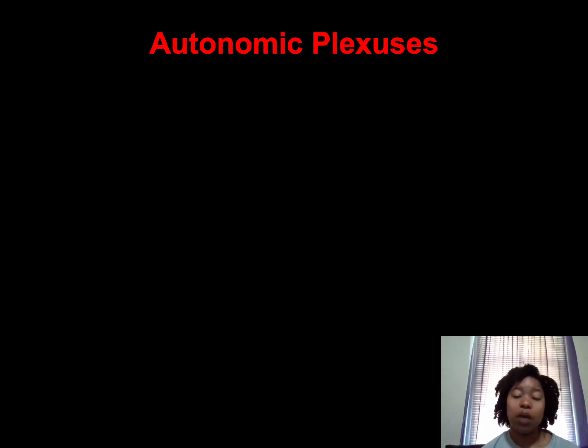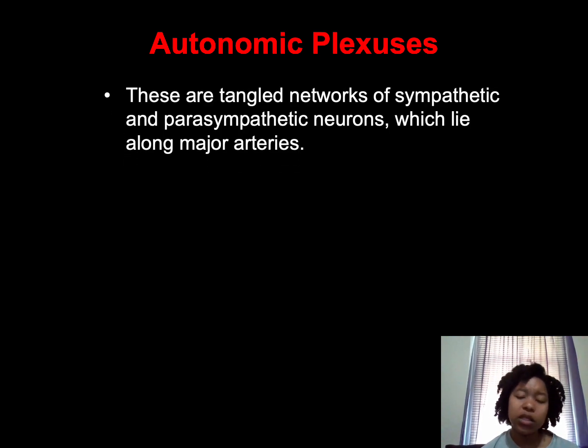As far as autonomic plexuses go, these are tangled networks of sympathetic and parasympathetic neurons. They lie along major arteries, because for dual innervation, there will be some stimuli that make the sympathetic innervation occur and others that cause a parasympathetic response. So they need to be close to each other, because it's not like one's going to work for 20 minutes and then the other for 20 minutes.